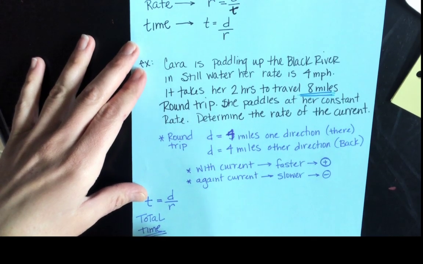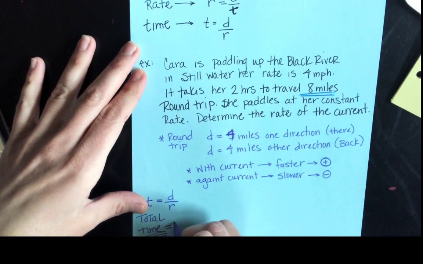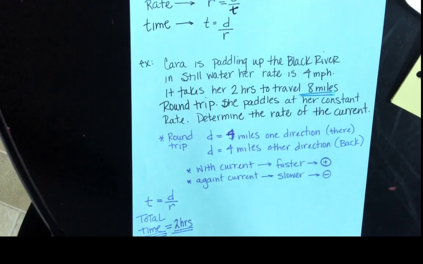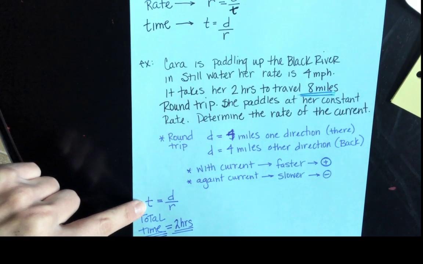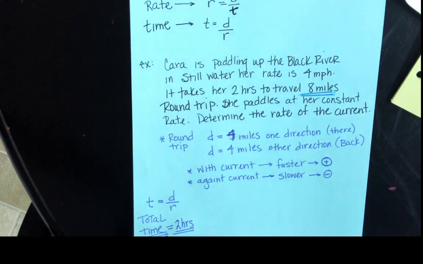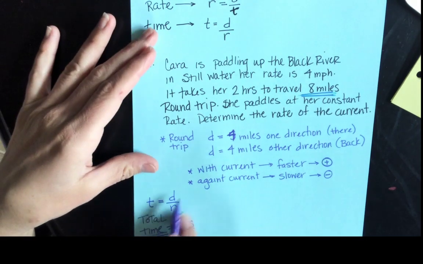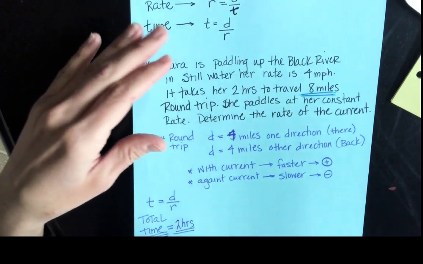And that's the total that we're talking about, and that is our 2 hours. So because we're talking about total time, we can adjust our formula if necessary to this. Because we don't know how much time it took in one direction, and we don't know how much time it took in the other direction. We just know the total time. So T equals D over R.